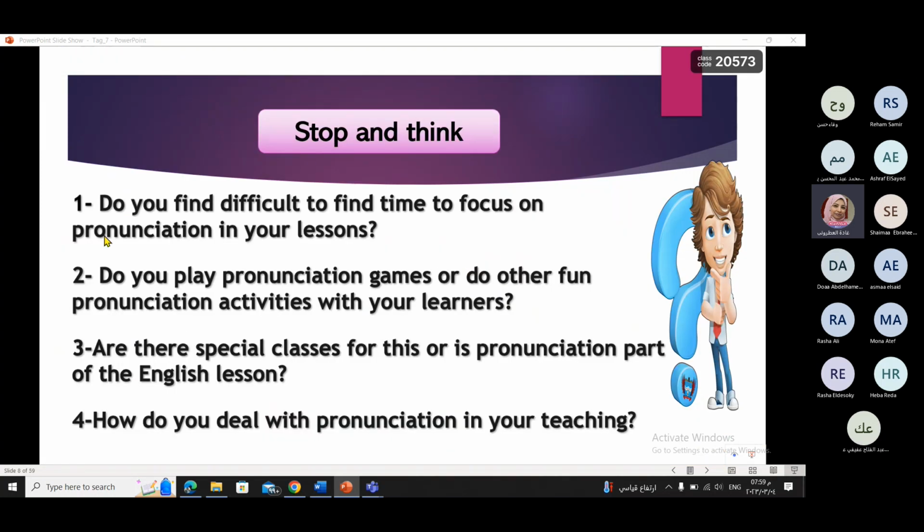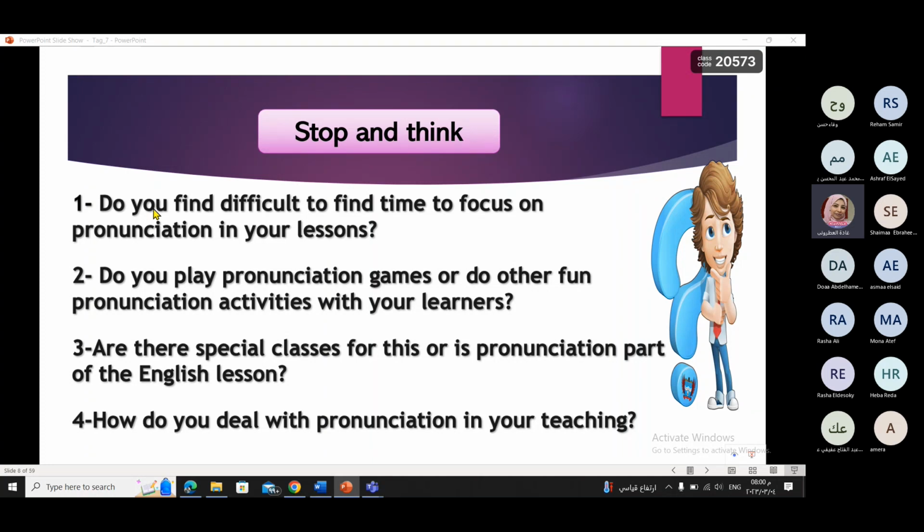So let us together think about these questions and try to find answers to them. Do you find it difficult to find time to focus on pronunciation in your lessons? Do you have some difficulties? Don't you have enough time to focus on pronunciation in your lessons? You have to think about that. Do you play pronunciation games? Or do you have any other fun pronunciation activities with your learners?